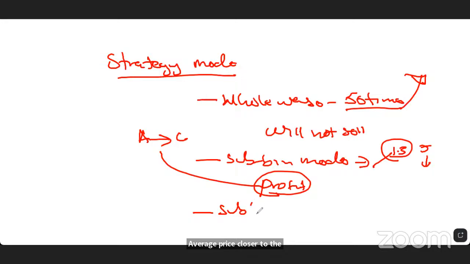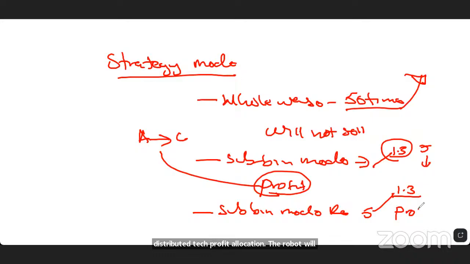When you put in sub-bin mode real-time settlement, when the robot buys the fifth call and the market rises by the distributed take profit allocation, the robot will sell the fifth call, return your profit, charge you fuel fee.